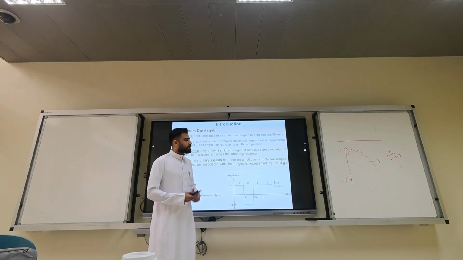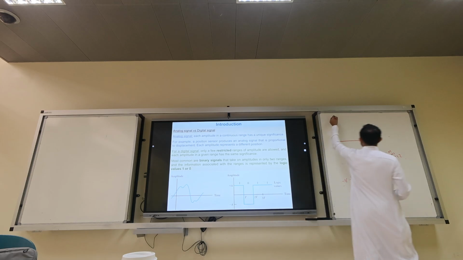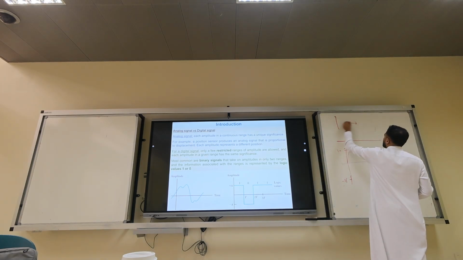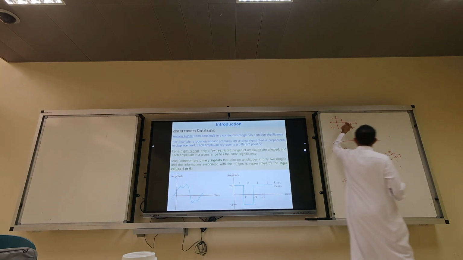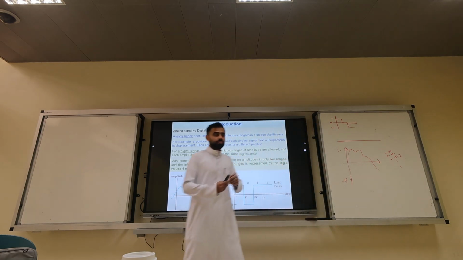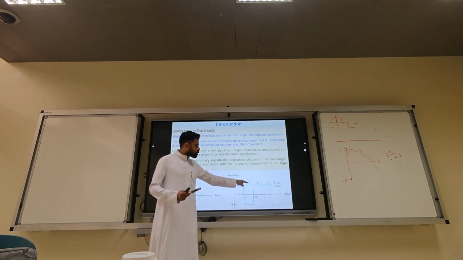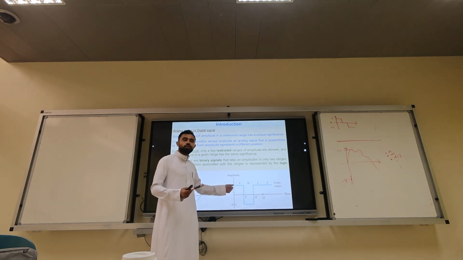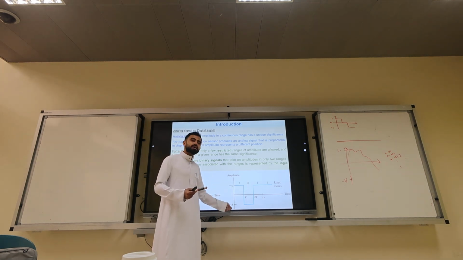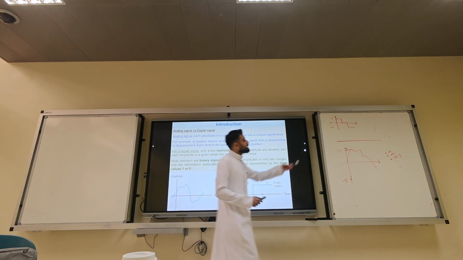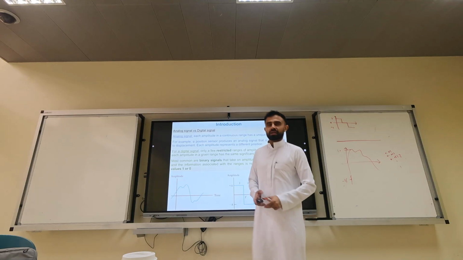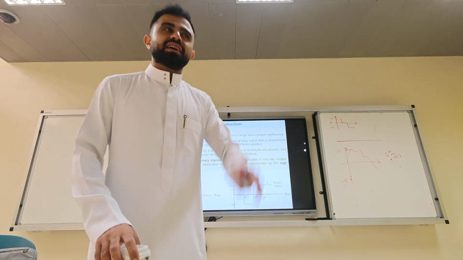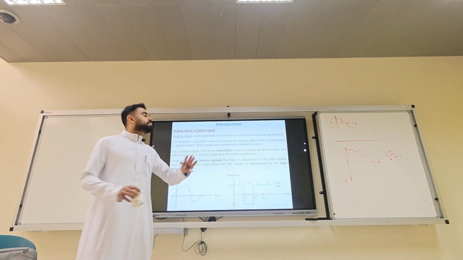If you have, for example, a signal that has maybe either 1 or 0 or -1, is it analog or digital? Here we have two values, either 1 or 0. 1 corresponds to plus A volts, 0 corresponds to minus A volts. But if I have 3, either 1 or 0 or -1, is it analog or digital? Digital. It's in the family of digital, but this is not binary.